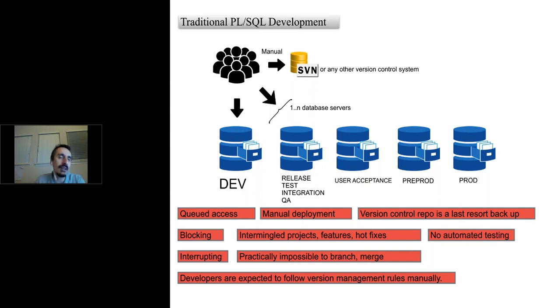There is usually a dev environment, and there is always a production environment. And between those two, there are one or more staging databases. They're called differently. Sometimes they're called release, test, integration, QA. Some people have user acceptance. Almost everyone has a pre-prod. So there are one to n databases between dev and prod.